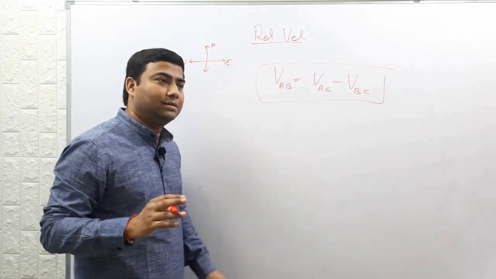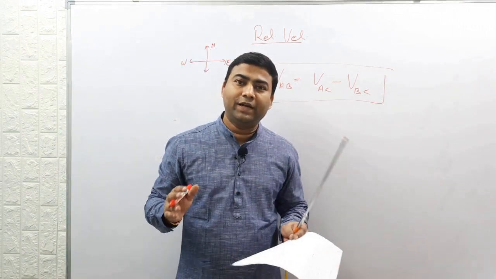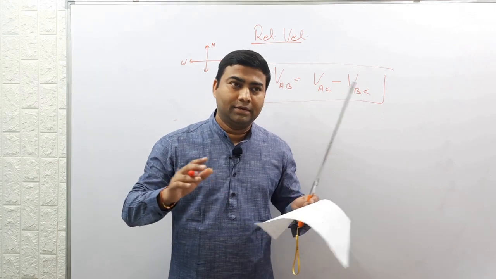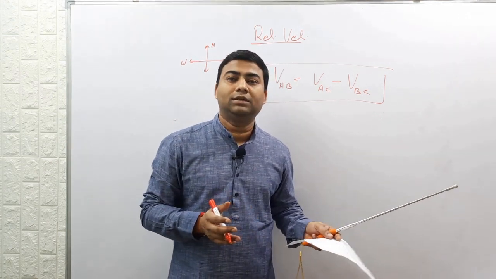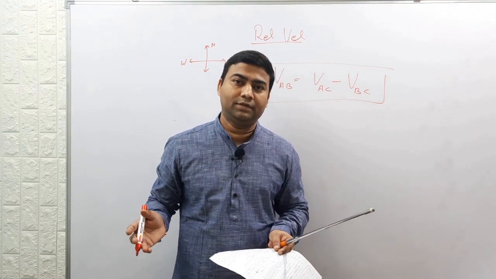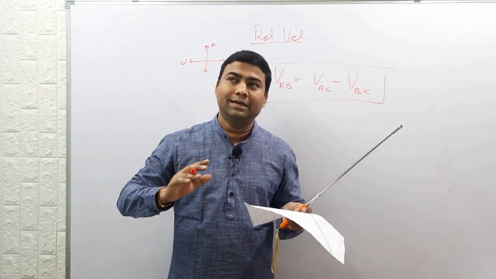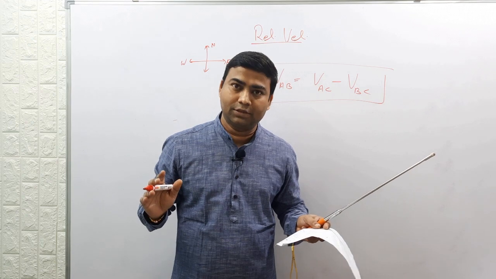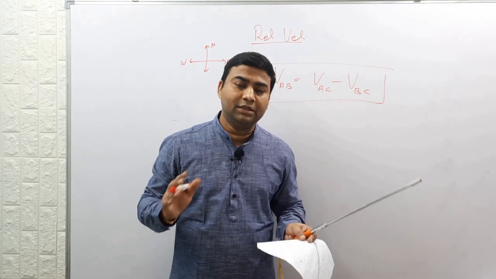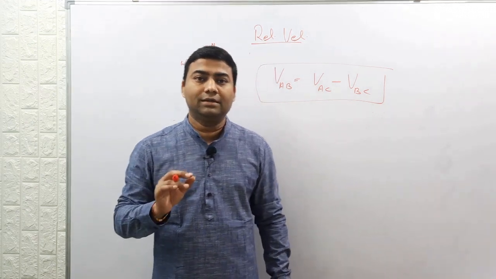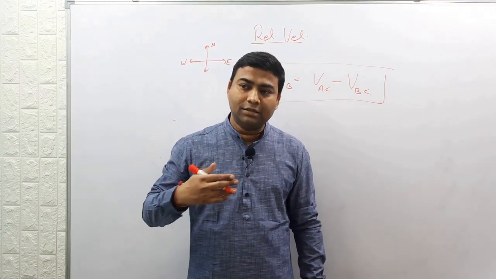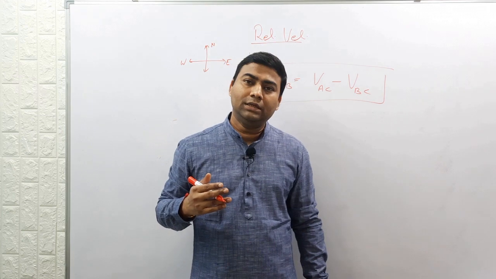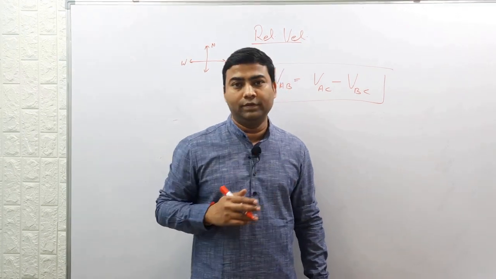For now, just understand that a frame is a system consisting of space in x, y, z directions, and this system may move with velocity or may not move with velocity.